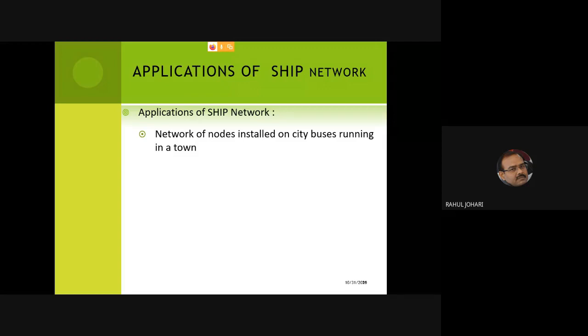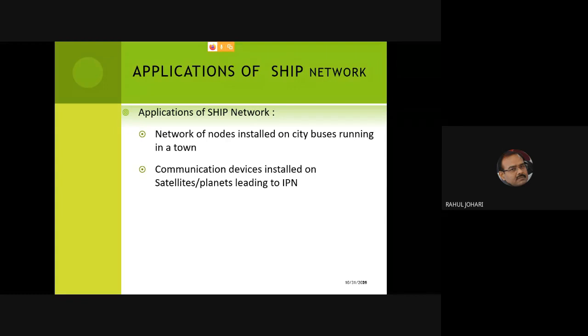This data can directly be relayed to the nearest data centers or control rooms, and they will get live information about the atmospheric temperature or pressure at that particular point of the day in that particular season, so summer and winter variation data is there. So our buses can play a very good role in the transmission of messages using a ship network.